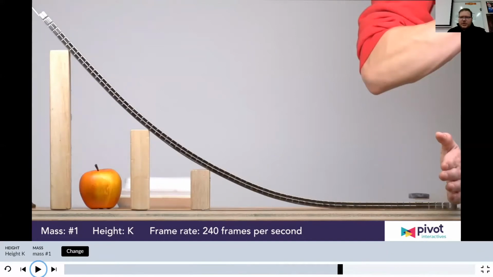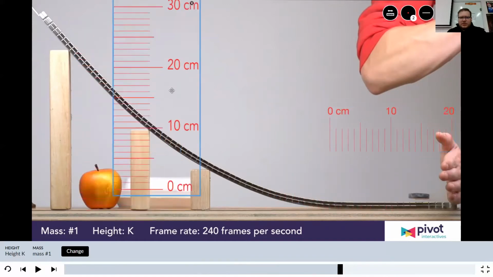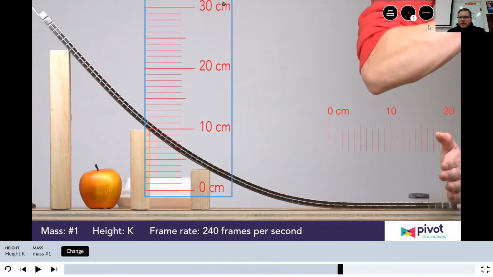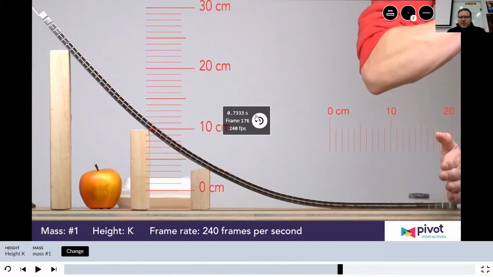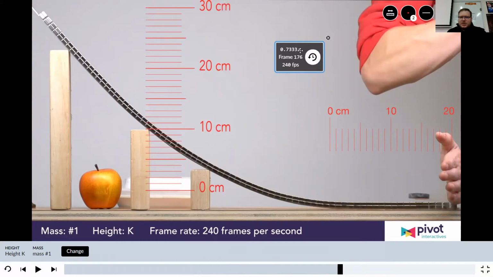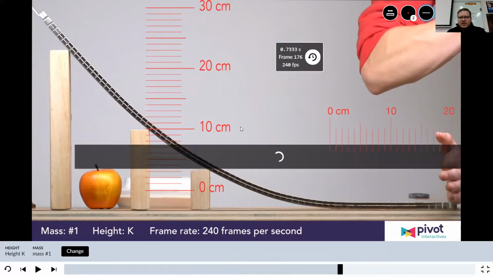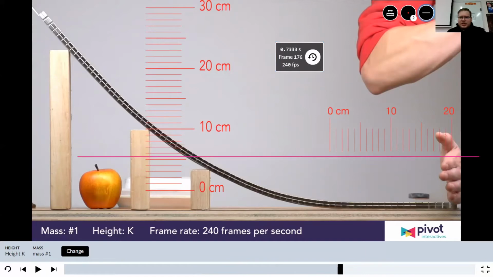Now, one thing that's going to be important in our toolbox, you'll notice we've got a horizontal scale, a vertical scale, a timer, but then they also give us this line. The reason that's important is you notice the puck, because it's floating, doesn't start at a height of 0.